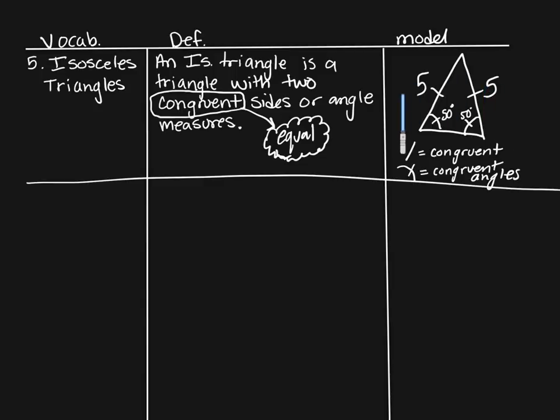The side measures are 5. We can say 5 centimeters or 5 inches. It doesn't matter. It's not to scale. And then we have two angle measures that are also congruent or equivalent, which is 50 degrees. This little line on these sides means congruent. And this angle with the dash, which I've already explained to you on the other slide, is considered a congruent angle, or congruent angles.